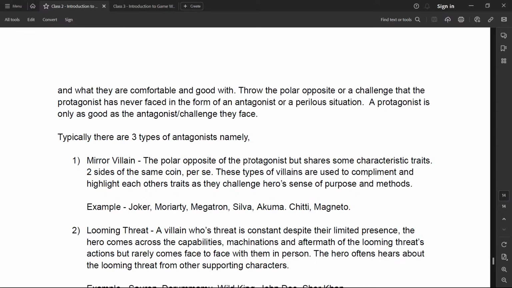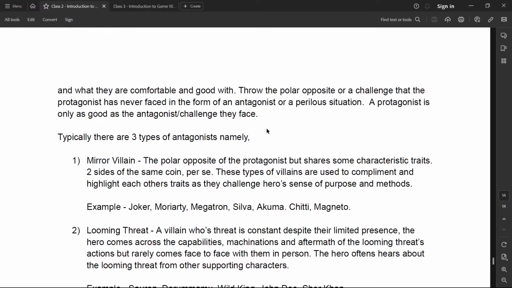You would never think of Optimus Prime if there was never Megatron, or Sherlock Holmes if there was never a Moriarty. Everyone has an arch nemesis. Basically, the antagonist has to be equally as good as the protagonist, or even much better than him.